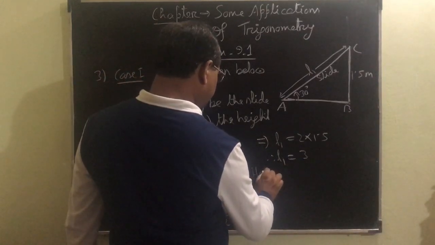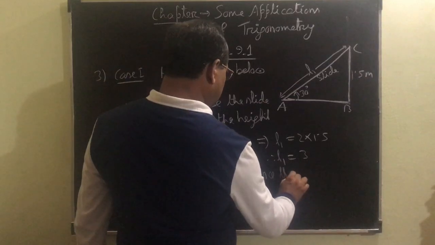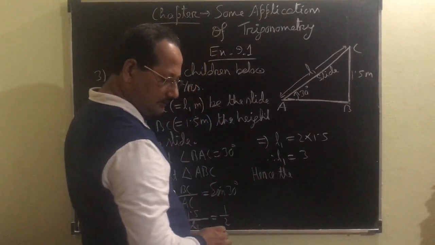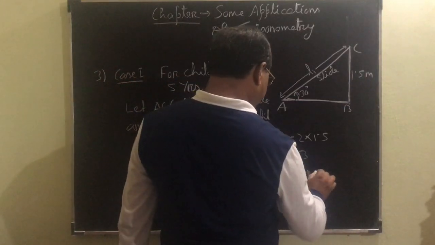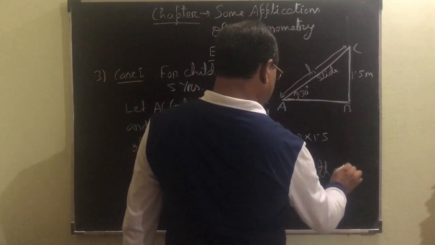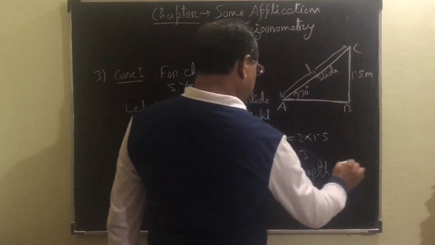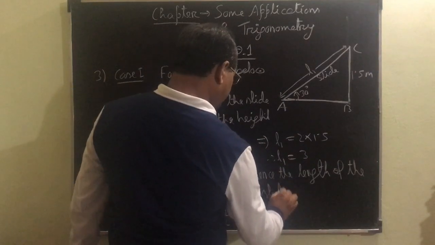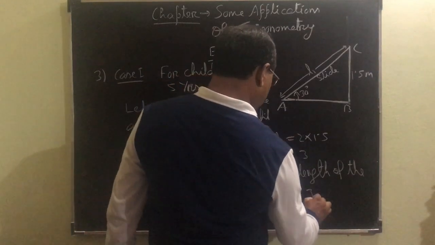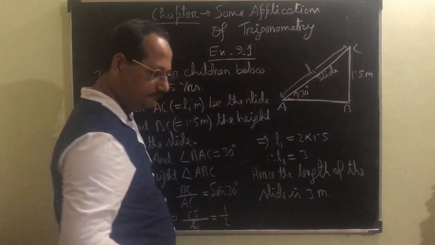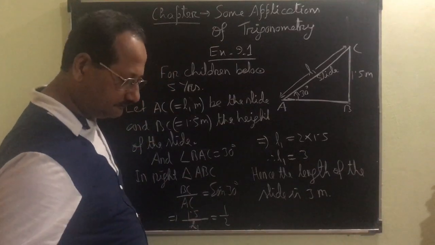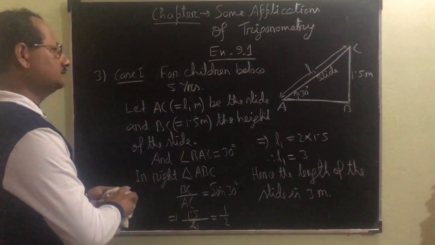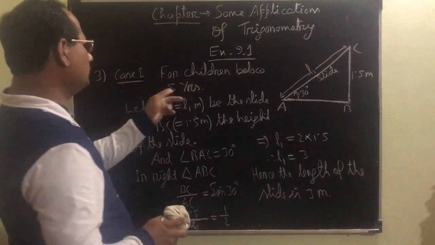Hence, the length of the slide is 3 meter for children below 5 years.